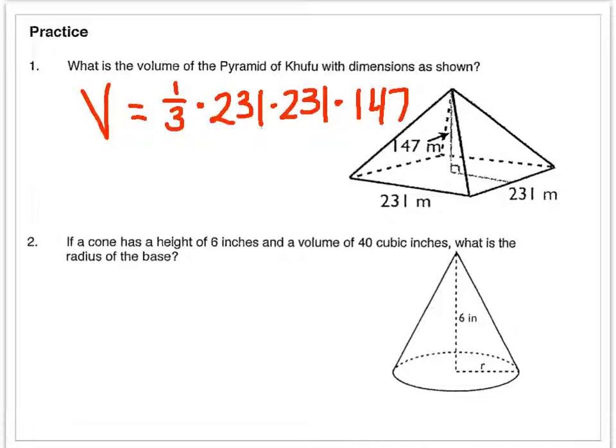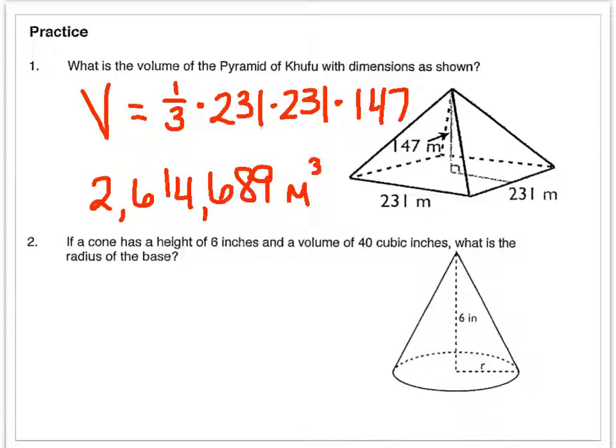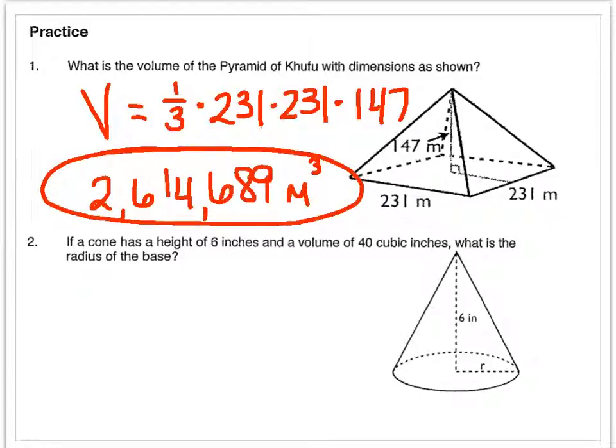We're always going to use height. So, in my calculator, 231 times 231 times 147 divided by 3. I get a volume of the pyramid of Khufu. It's big. 2,614,689 cubic meters. Again, volume, cubic meters, cubic units.